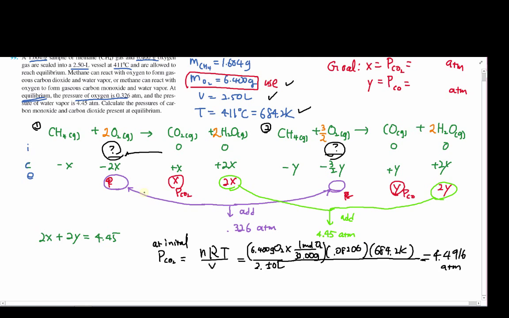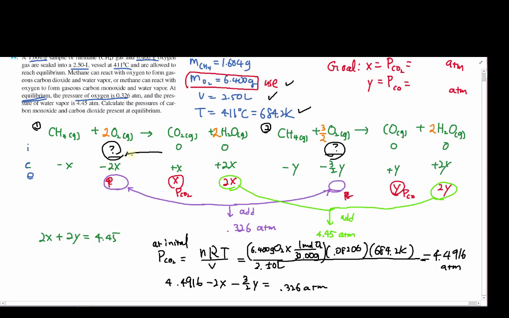So what we want to do is just combine everything that's in the oxygen and set that equal to the equilibrium partial pressure. So in other words, I have 4.4916 minus 2x, minus 2x and minus 3 over 2 y, equal 0.326 atm.